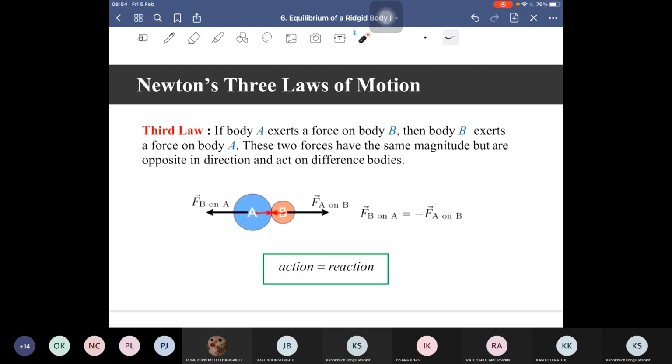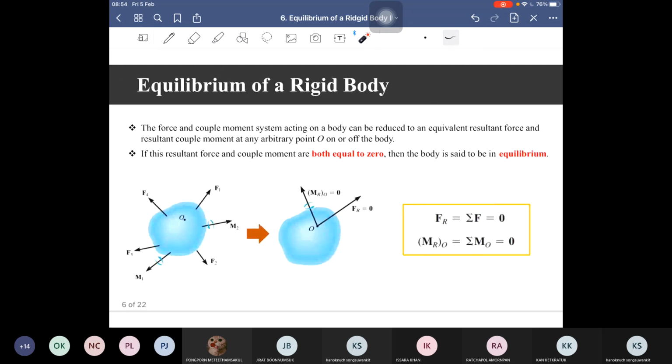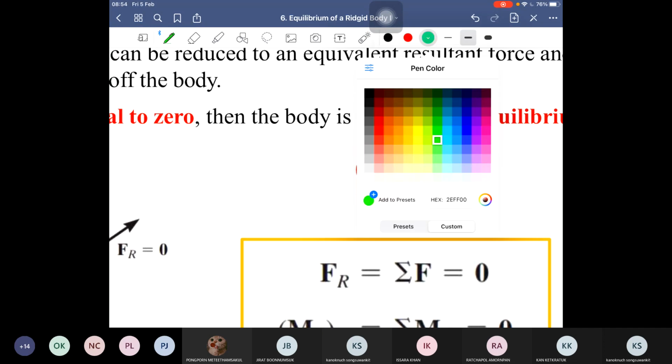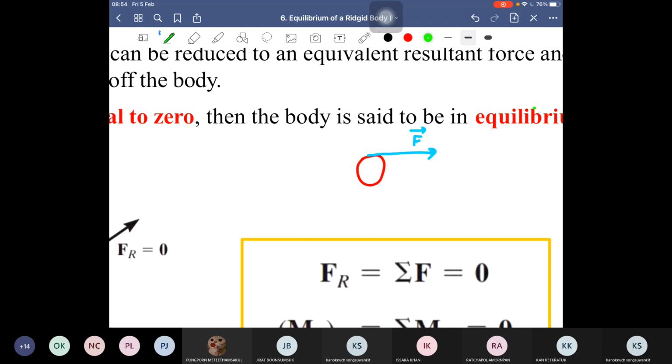So in this chapter, we will study how to apply the method of the force system to determine the equilibrium of a rigid body. Normally, when we have a force applied on the rigid body, okay, we have one rigid body and then apply a force in this direction, this force will cause movement of this rigid body, but not only movement, it also causes translation and rotation.